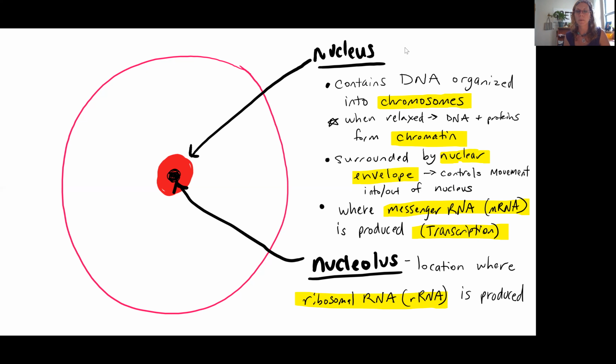That will help you. You also have a more darkly stained specialized structure at the center of the nucleus. This is termed the nucleolus, and this is actually where ribosomal RNA is going to be produced. Ribosomal RNA is abbreviated with a little r, and then capital R, capital N, capital A.